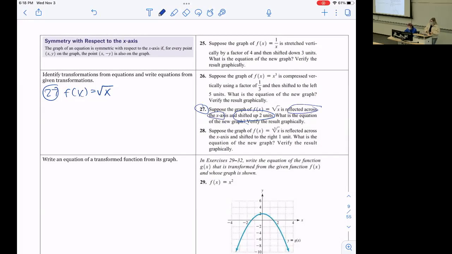So first we can reflect it across the x-axis, and in order to do that, we will have a negative sign in front, and then a shift up 2 units will be separate from the x, since it's a vertical shift, and that will just be +2. And then for verify the result graphically, you can plug both of those into your calculator and look at the transformations to see what it looks like.